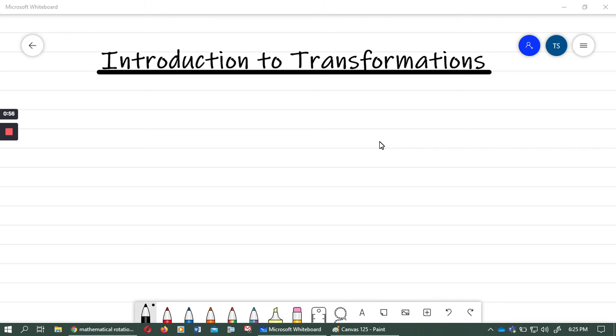But a transformation is a function or a mapping that results in the change in position, shape, or size of a figure. So again, a transformation is a mapping or function that results in a change in the position, shape, or size of a figure.